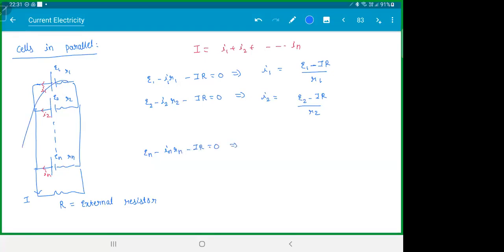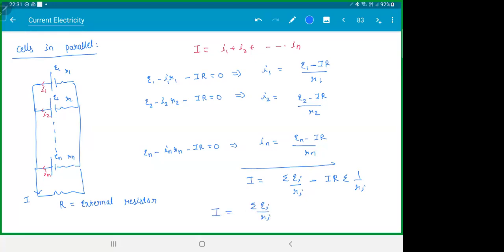I'm writing Kirchhoff's loop law through this loop, this one, this one. In will be (En minus IR) by Rn. If you add all of them, I1 plus I2 plus In becomes I only. You end up with sigma Ei by Ri minus I into R sigma 1 by Ri. You can take I common here.